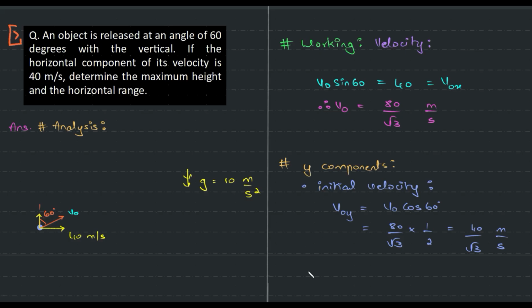So that's your initial velocity and everything else. At maximum height, we have v at h max equal to 0 meters per second.